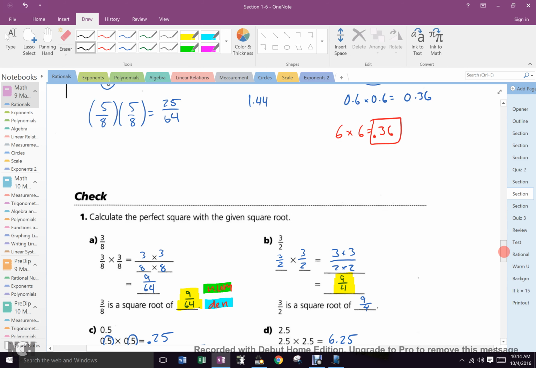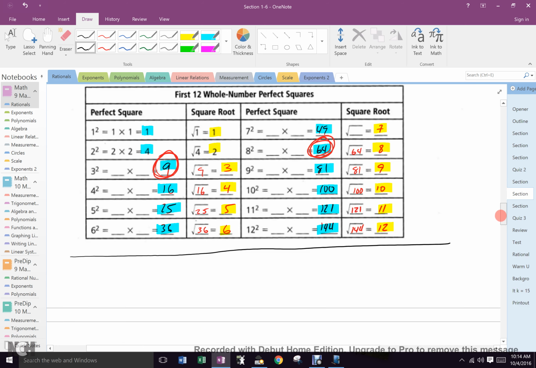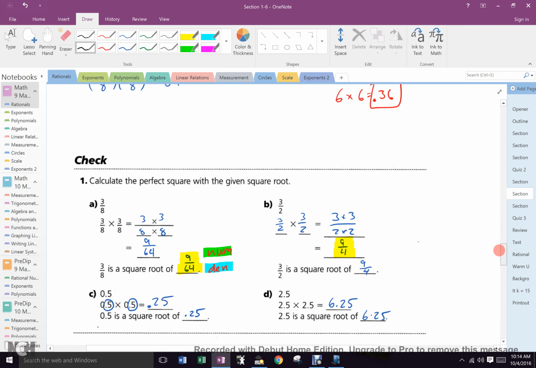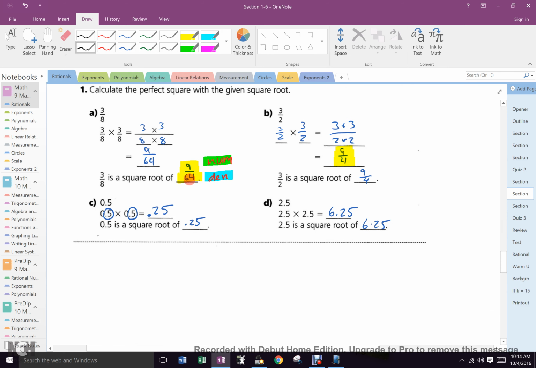Nobody is making the connection between this chart that you just filled out that has 9 and 64 on it and this number, which has 9 and 64.